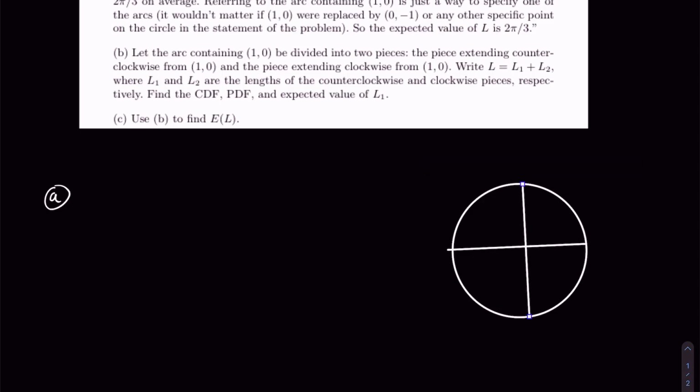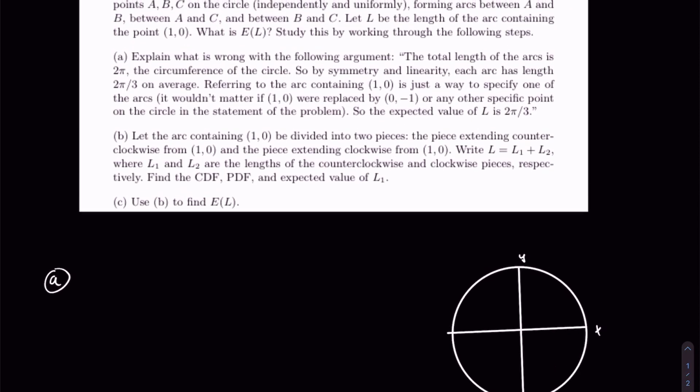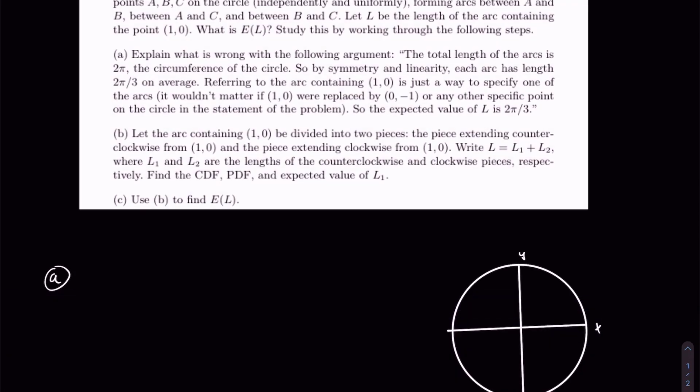That became a little off, but you see what I'm trying to get at. This is x and this is y, and the point (1, 0) is just here. This is the point x equals 1, y equals 0.